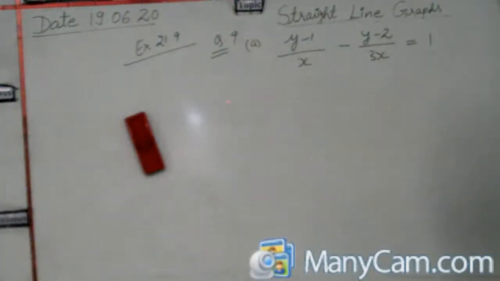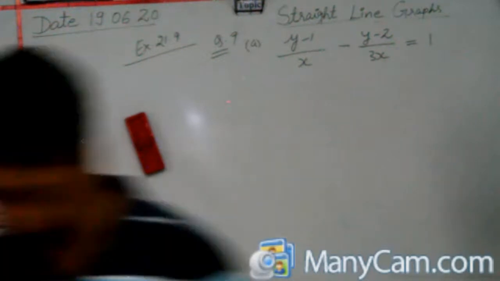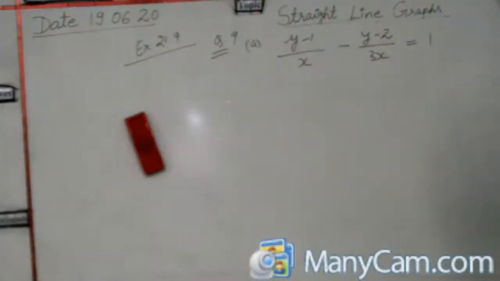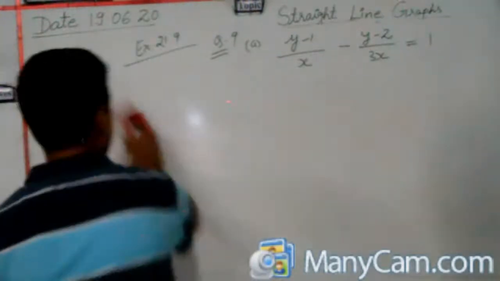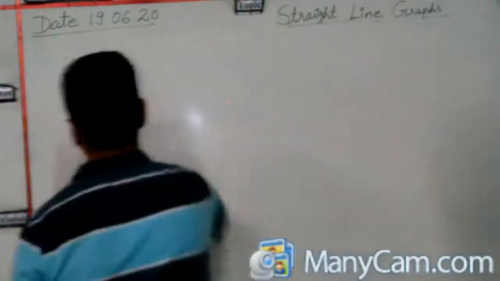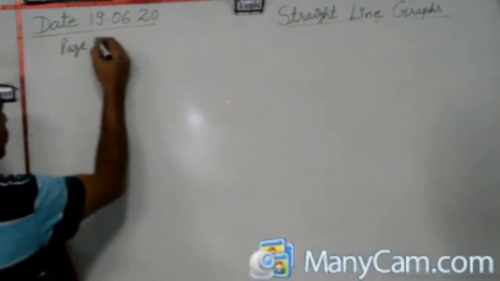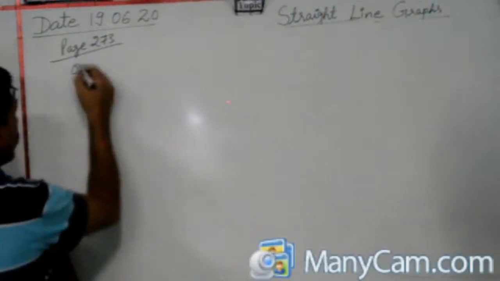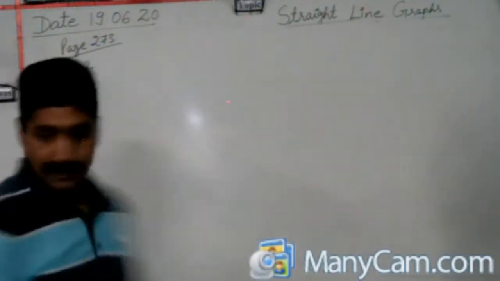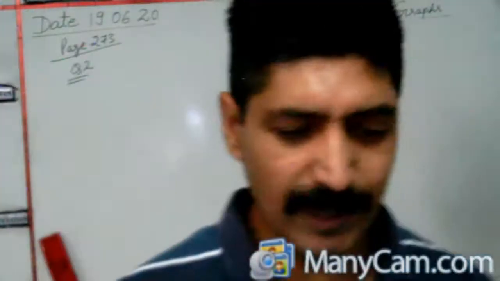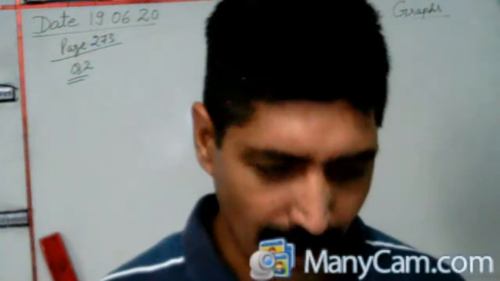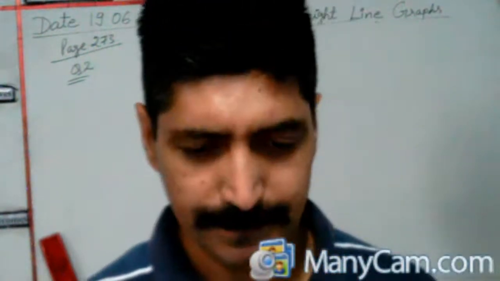That is on page number 273, question number 2. Here in question number 2, a diagram is given, showing a square ABCD.